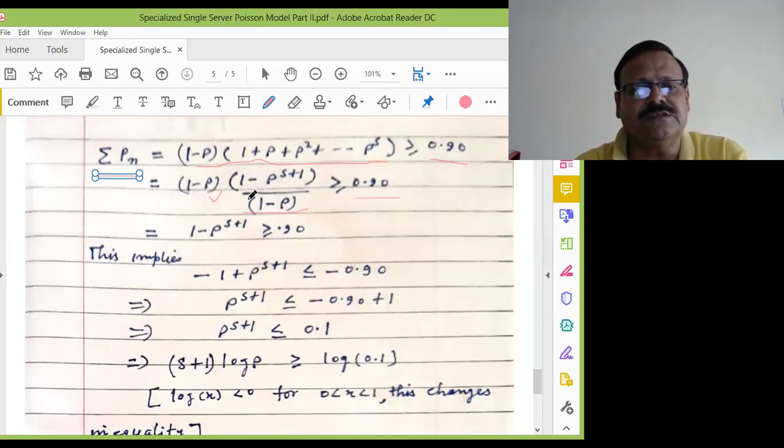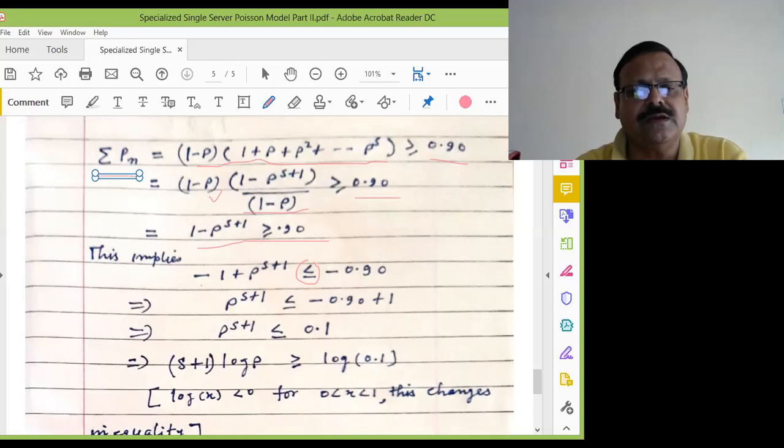So this cancels this, 1 minus rho to the power s plus 1 is this. This implies you multiply by minus on both sides, this inequality will be changed, and this side will be rho to the power s plus 1 is less than or equal to 0.1.